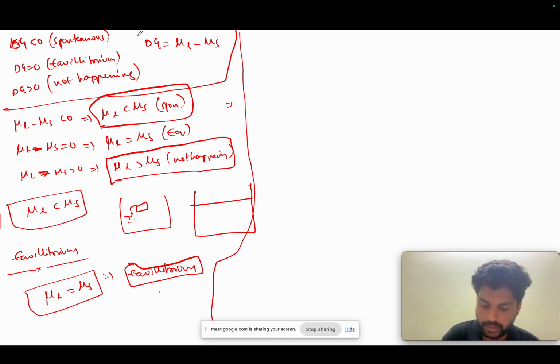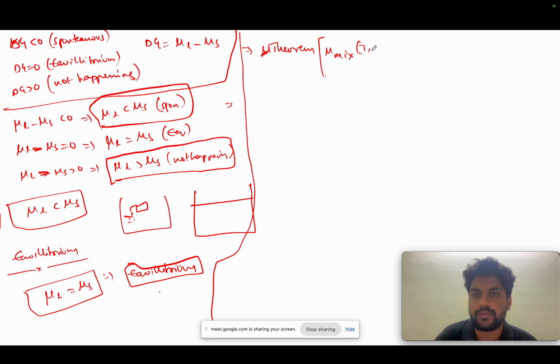There is one more condition, which I will mention as a theorem. Mu of mixture at T, P is always less than mu of pure at T, P. What does it say? Suppose I have a two component system A B, which is already a mixture, and then I add A into this.